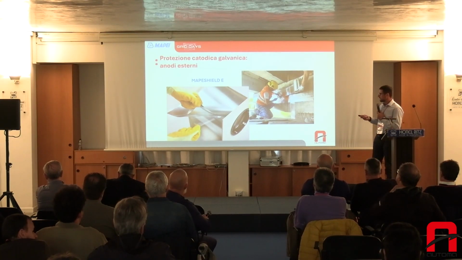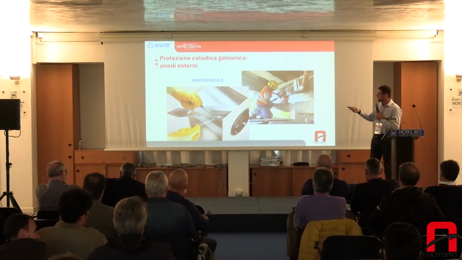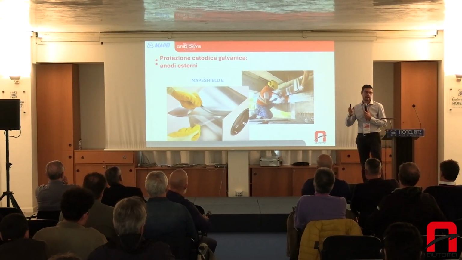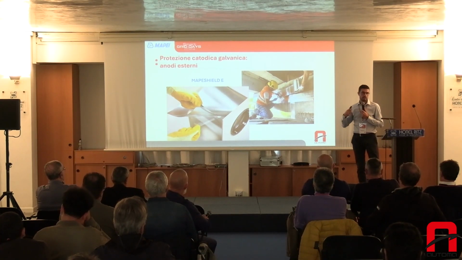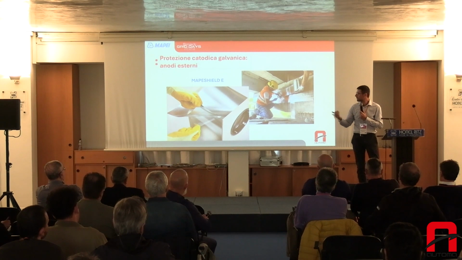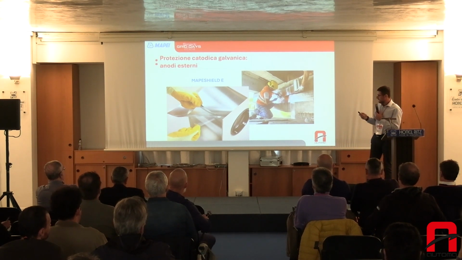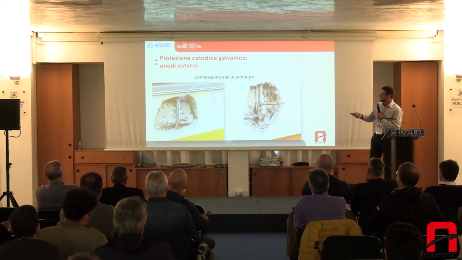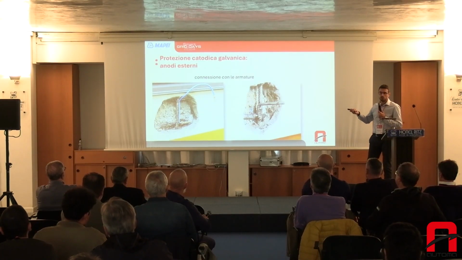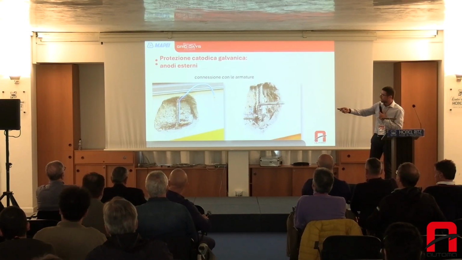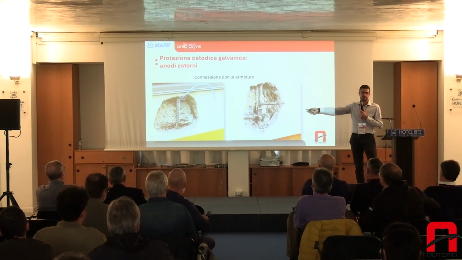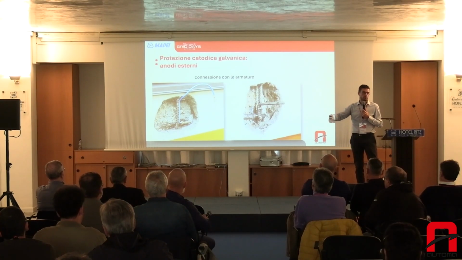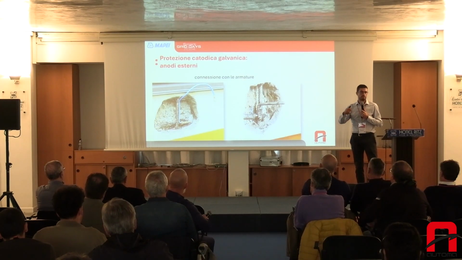So also in this case, the installation system is very easy and very quick. In this case, of course, you will need to electrically connect the zinc sheet with the reinforced element. Very easy. It can be done in two different ways. The first one by using electrical cables that are fixed to the reinforcement bars before applying concrete.